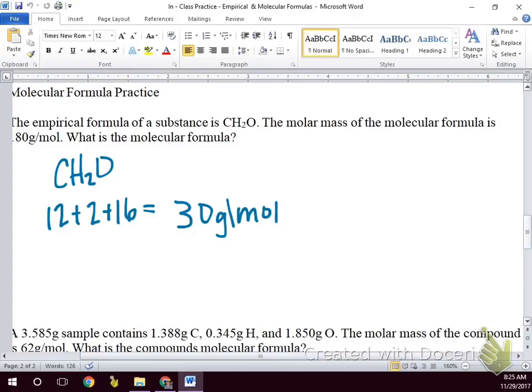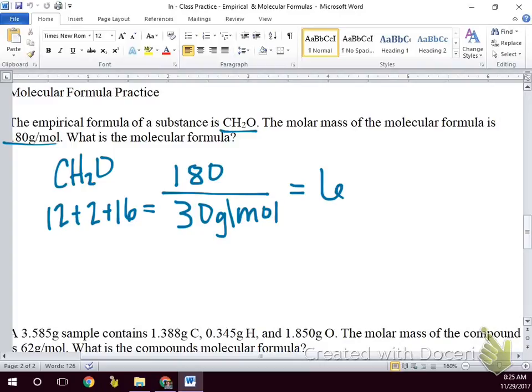It says this molecular compound has the ratio of CH2O, but its molar mass is 180, so it's really bigger than CH2O. That's the ratio of it, but it's really bigger than that. So we're going to take 180 divided by 30 and get 6. The molar mass of our molecular formula is 180, given in the problem.